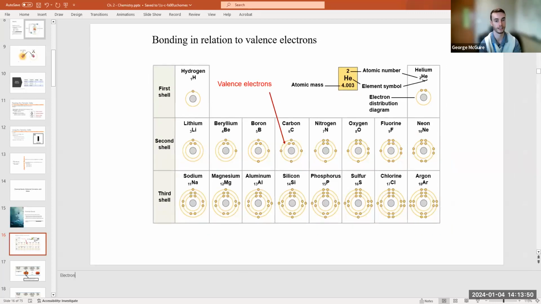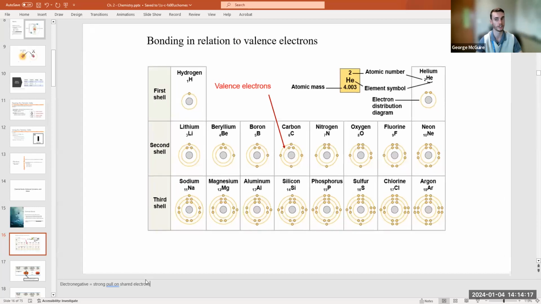So a new term there, electronegative, meaning that it has a very strong pull on shared electrons. Whenever oxygen is bonding with other elements, it typically is going to have a stronger pull on any shared electrons, which is going to give it a partial charge, which we'll talk about more in a second. So oxygen is very electronegative. It has a strong pull on any shared electrons.